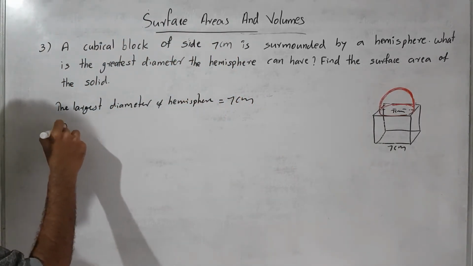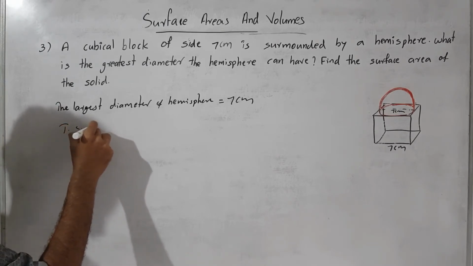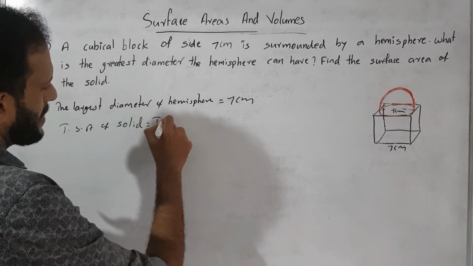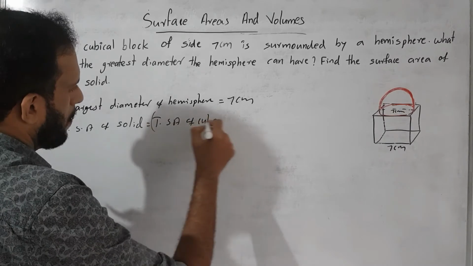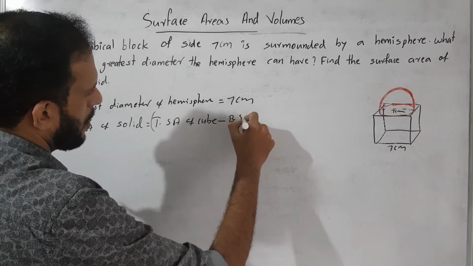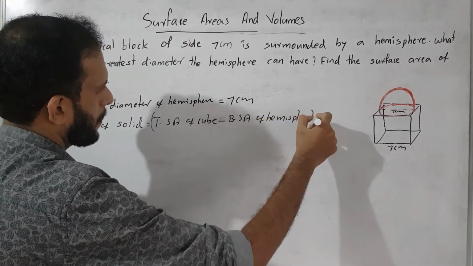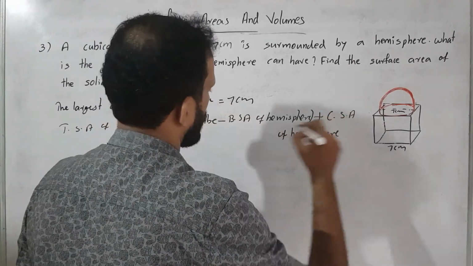The surface area of the solid, TSA of the solid, is equal to TSA of cube minus BSA of hemisphere plus CSA of hemisphere.